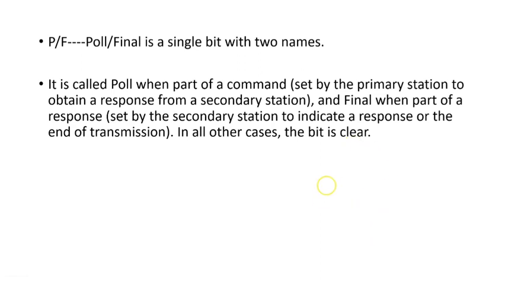So in this case, it will be final, and this is set by the secondary station. Just understand that this field is either poll or final. When it is given by the sender, it is poll. When it is given by the receiver, then it will be final. Okay, at least understand this much.